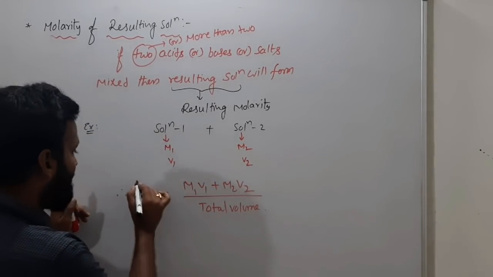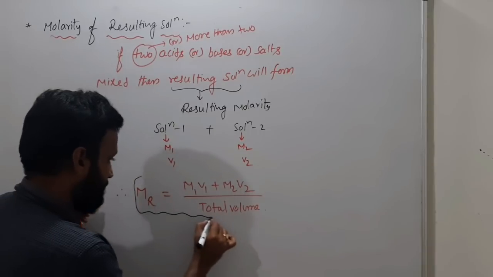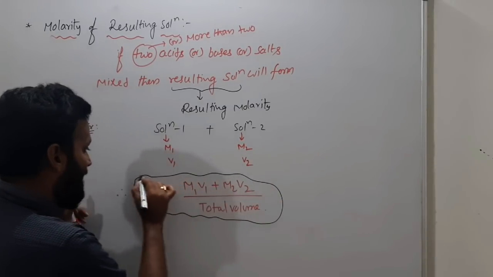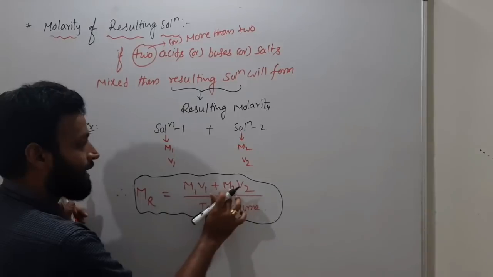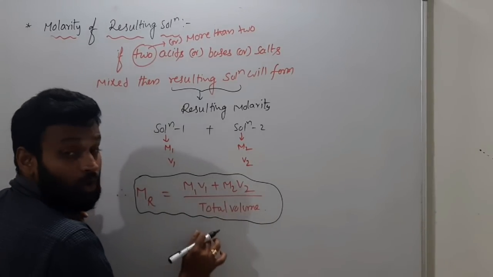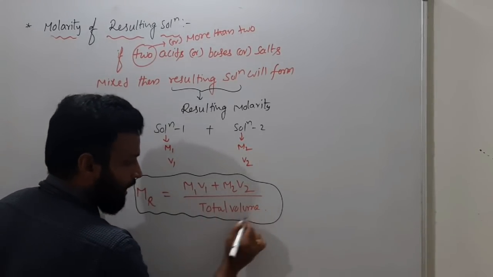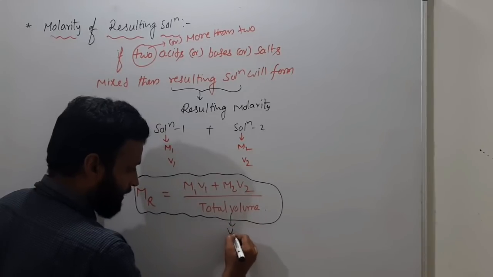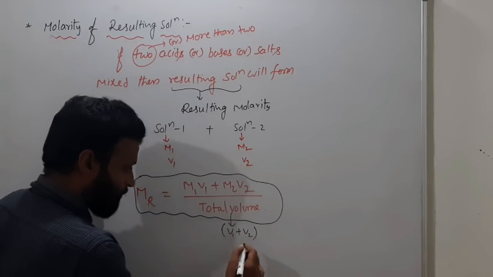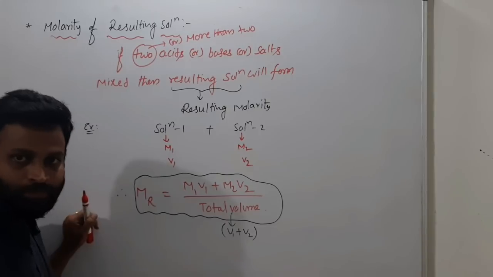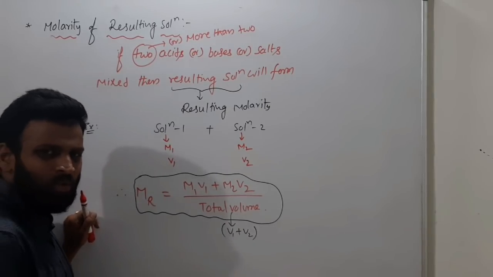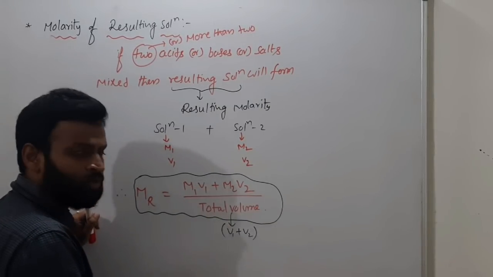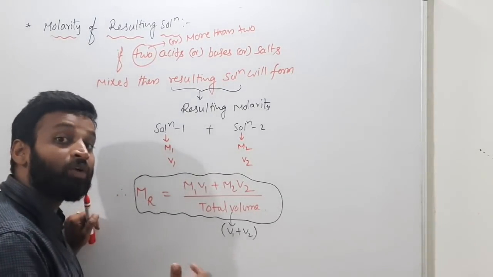Therefore, MR, the resulting molarity, is equal to M1V1 plus M2V2 by total volume. Total volume can be V1 plus V2 or it can be more than that. Why more than V1 plus V2?